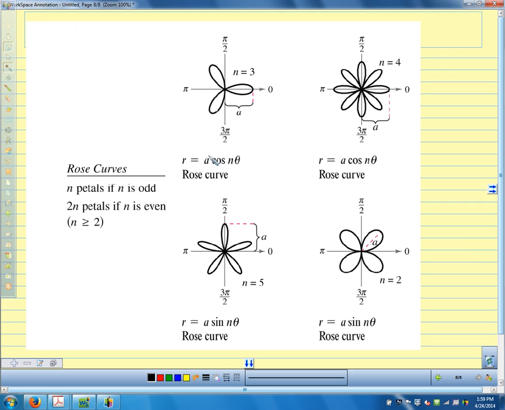Again, I would expect that you could recognize the form of a rose curve, what kind of symmetry it has, and then come up with a reasonable sketch of the graph based on what we know. And again, these charts are in your book on page 667.